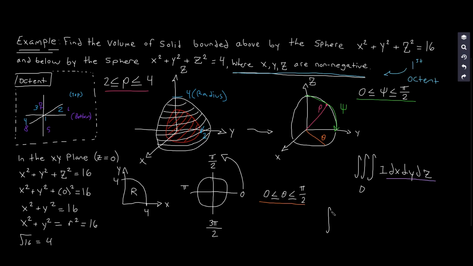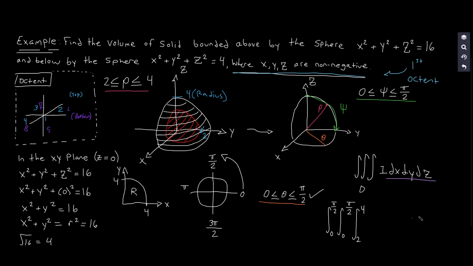The first of three integrals, let's do theta. It's bounded between 0 and pi over 2. All right, check. The second integral, let's do psi. Psi is bounded between 0 and pi over 2. And the third integral is rho, which is bounded between 2 and 4.